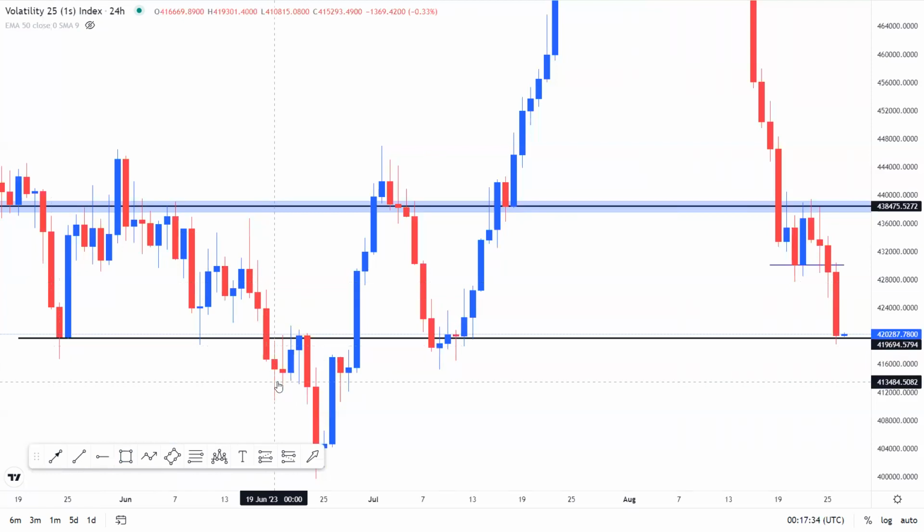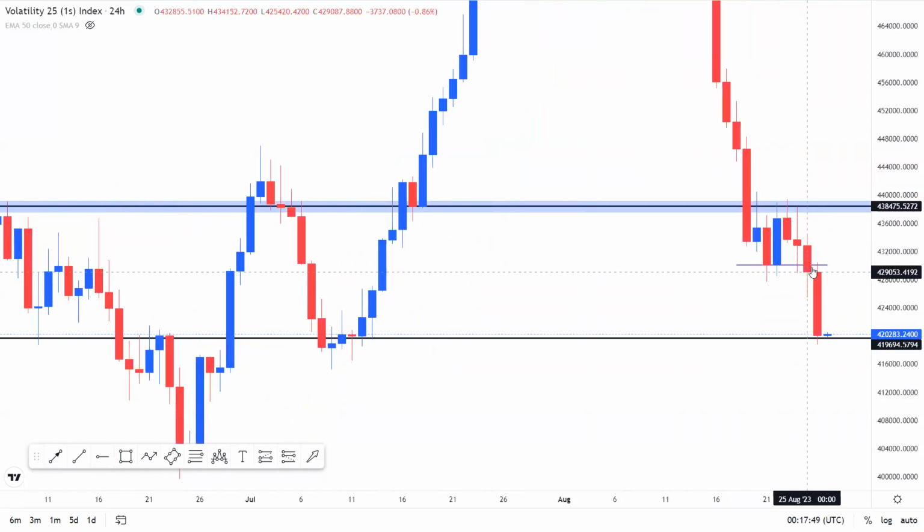We have a break below the level, then with the level now acting as a resistance because we're below the level. And then also here we're seeing the level acting as a support. So this for me is the next key level I felt price was certainly going to trade into after breaking out from the daily range.